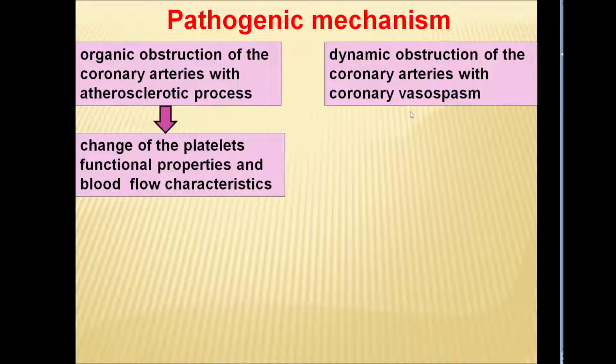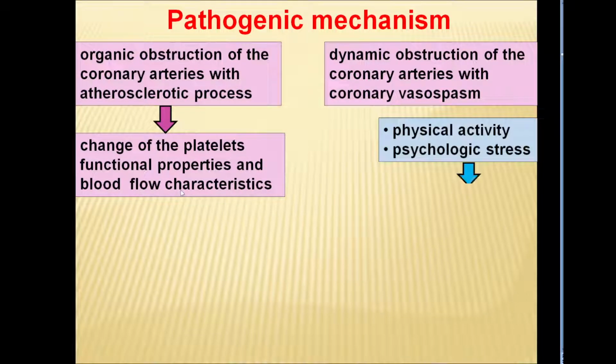But if the spastic process is not accompanied with disordered characteristic of vessels intima, obstruction with atherosclerotic plaques is accompanied with formation of the thrombotic mass due to adhesion of thrombocytes and disordered functional properties of the blood flow.